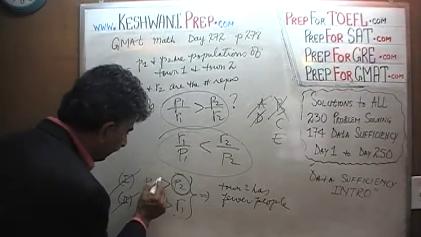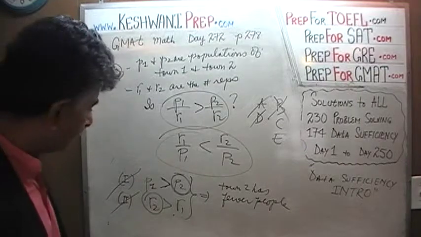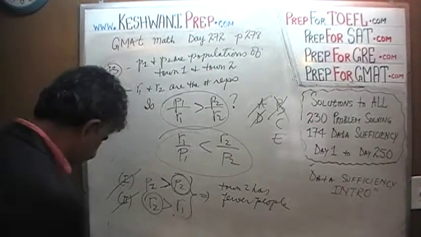Town 2 has fewer people, P1 is more than P2, but more representatives.